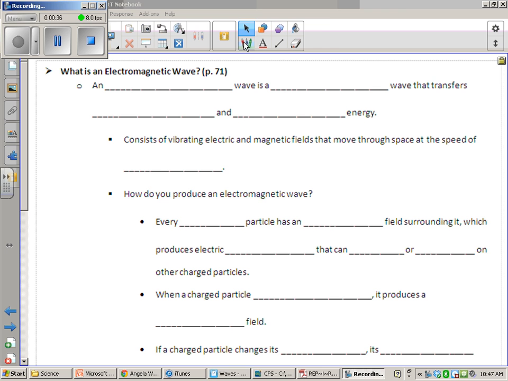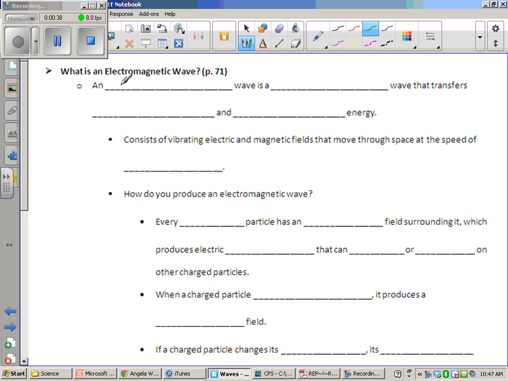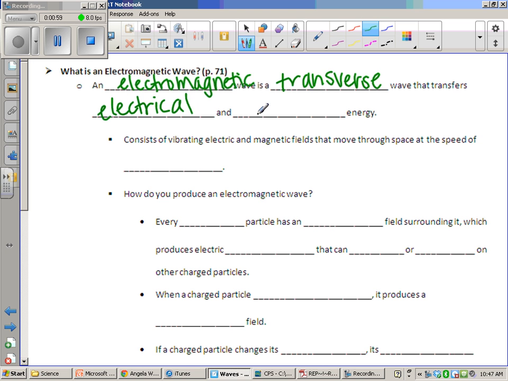Well, an electromagnetic wave is a transverse wave that transfers electrical and magnetic energy.